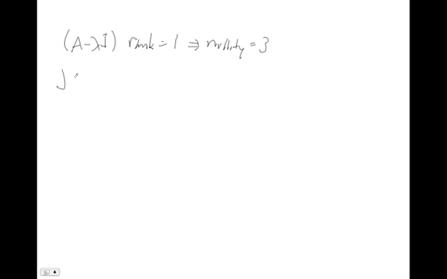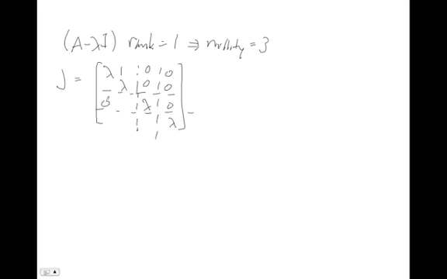So my Jordan form is going to look something like this. If I need 3 blocks, one way I could make it is like this. So I have 3 distinct Jordan blocks, a 2 by 2, a 1 by 1, and a 1 by 1.